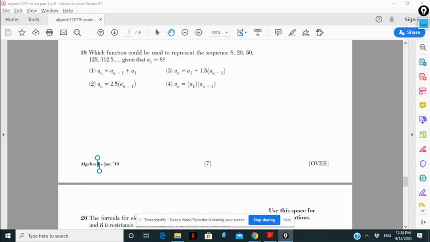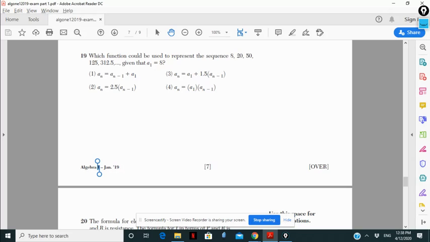Which function could be used to represent the sequence 8, 20, 50, 125, 312.5? So here, what's the relationship? If I try to add, here I added 12, after that 30, so it's not arithmetic. I'm going to check for the geometric one.